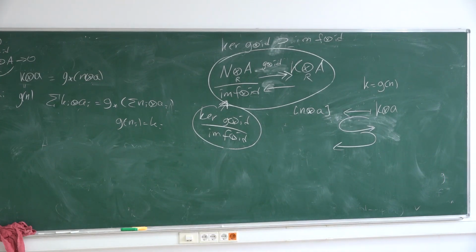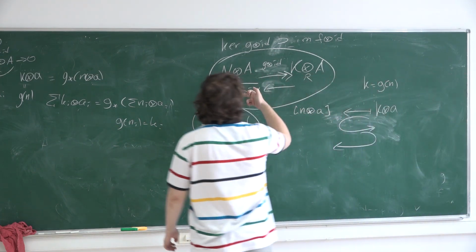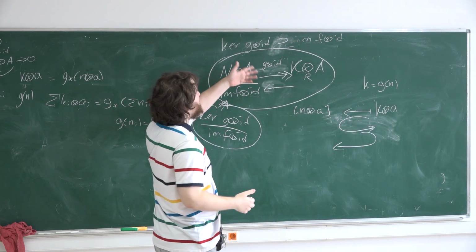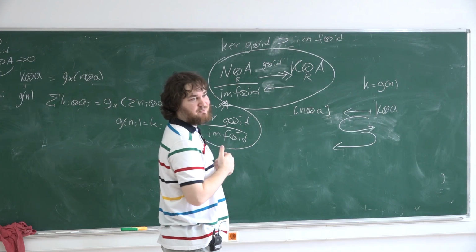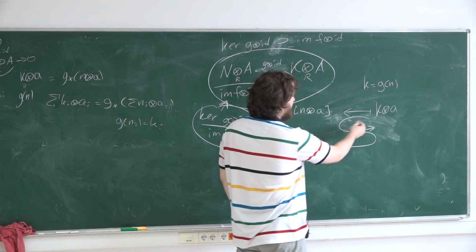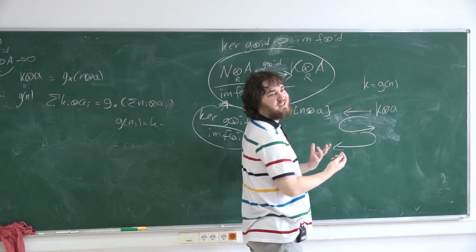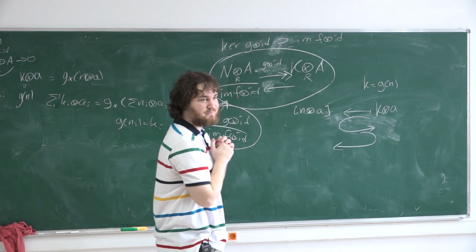What? So if kernel G is equal to image F, is it compulsory that the composition should also be equal to identities? Because I claim that this is the inverse homomorphism to this isomorphism. I want to check that this is an isomorphism, and I claim that I construct the inverse. So you need to check that these compositions are identities on this group and then on this group.